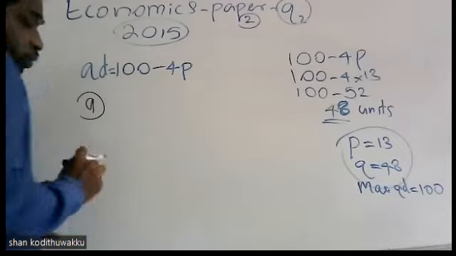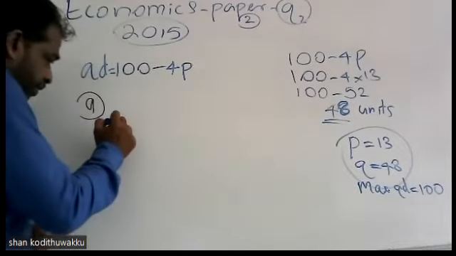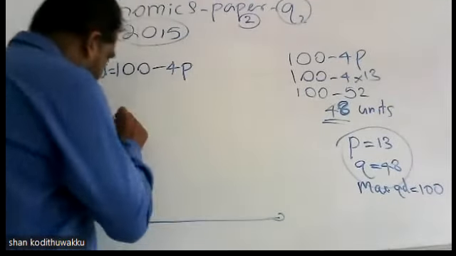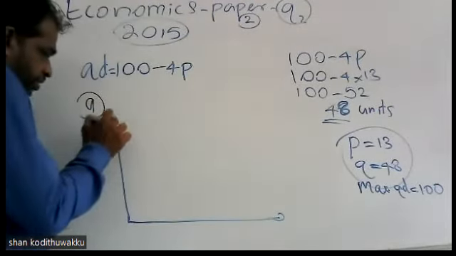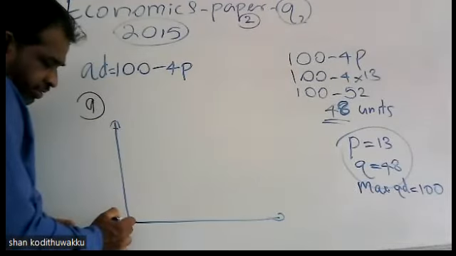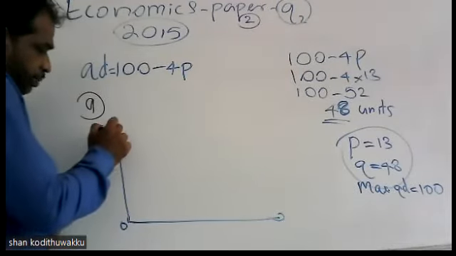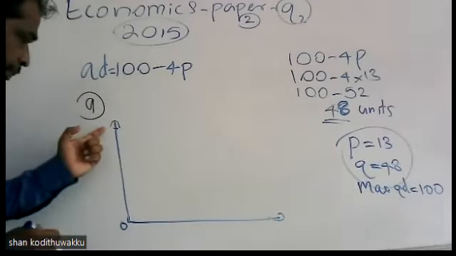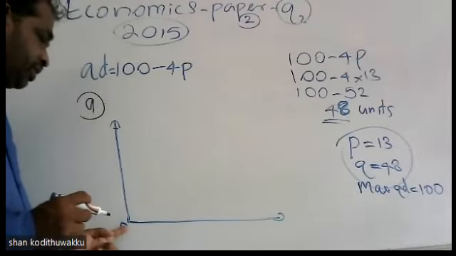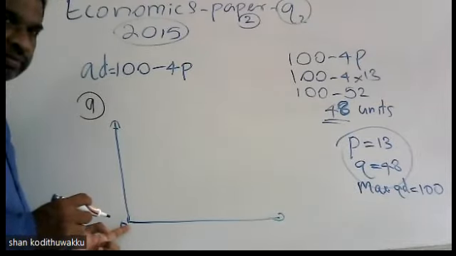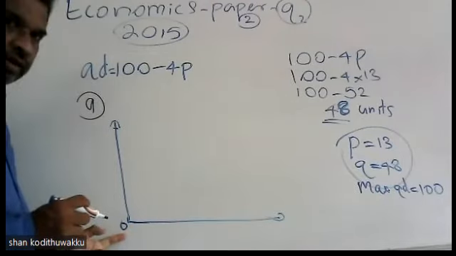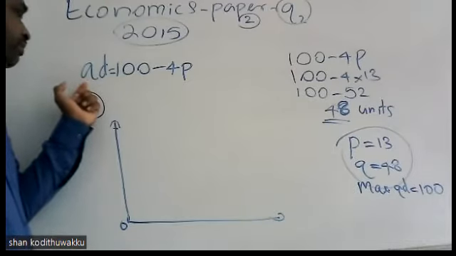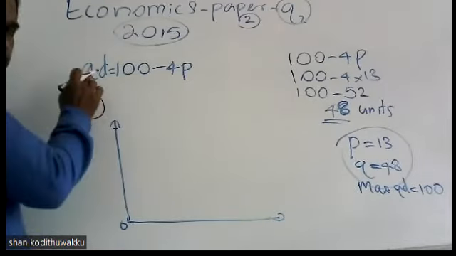When you draw this diagram, minimum price is 0, but you have to find the maximum price. The maximum price will be at 0 quantity demanded. Therefore, you can just apply 0 here instead of QD.